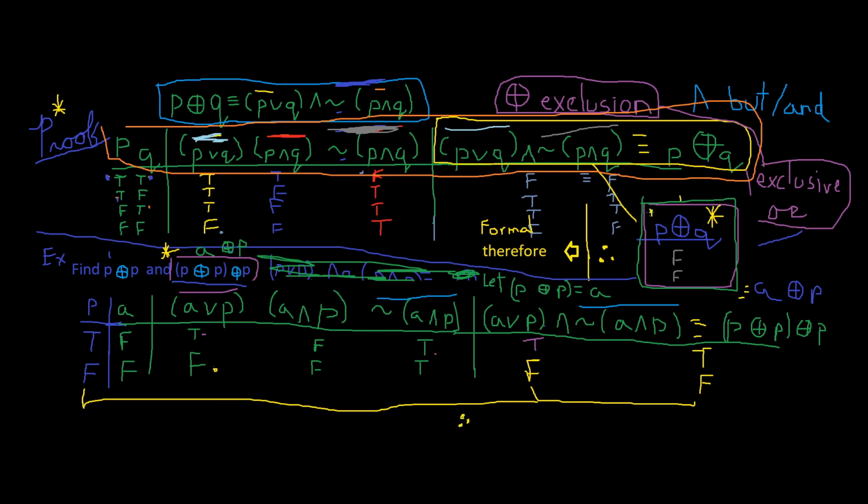We prove thus or therefore. Therefore is more formal, so I'll try to say therefore more often for everybody, so you don't get confused. So therefore P exclusion Q, and we prove that. Just in case you're confused, that should be P. I'm not sure if I did it wrong earlier in the video, but that shouldn't be P.